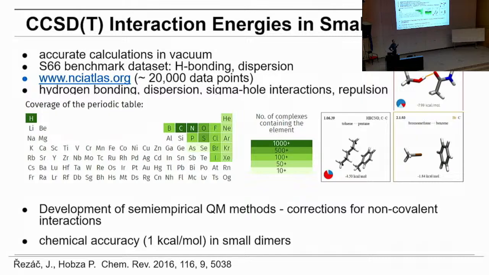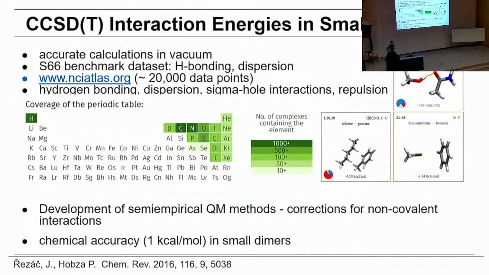But as you cannot do big systems, they did only dimers of this size, roughly. And they made different parts of it, like for dispersion, for hydrogen bonding, halogen bonding, etc. It's in the NCI Atlas.